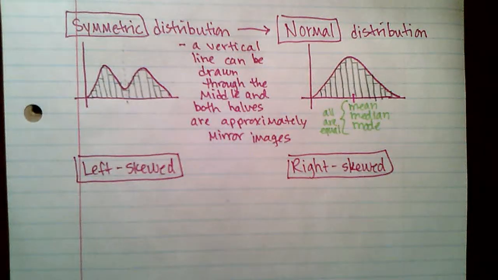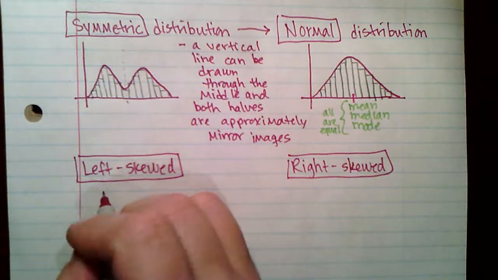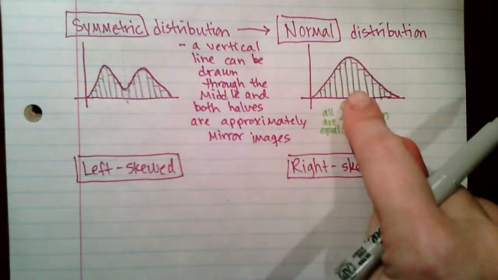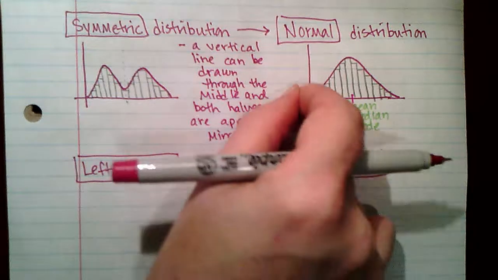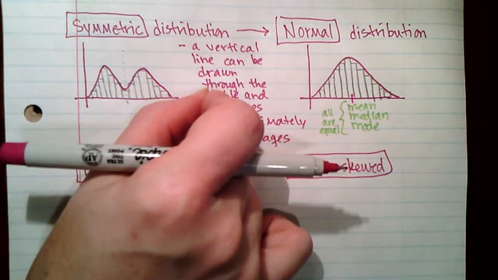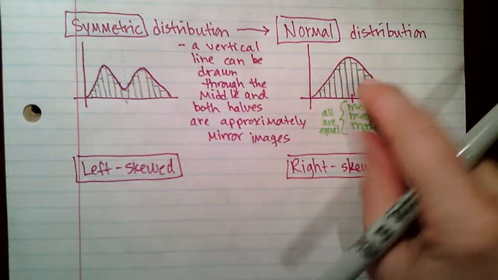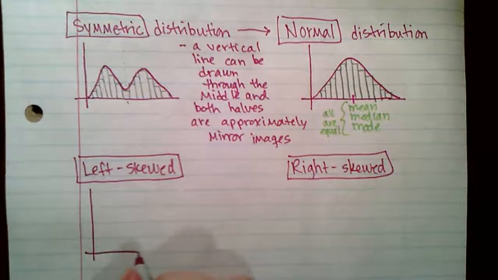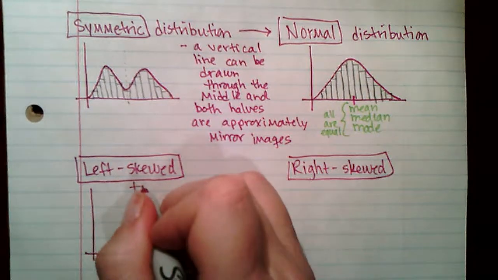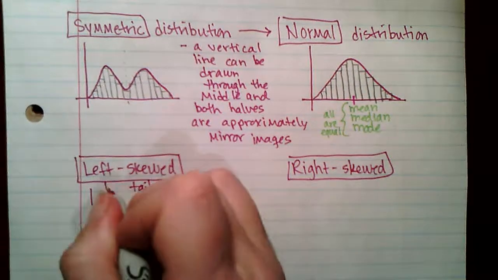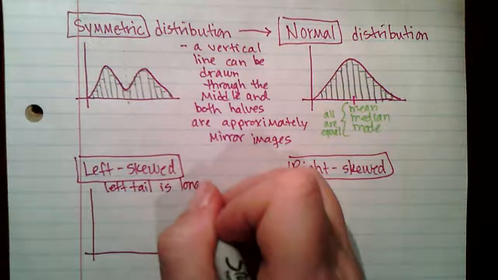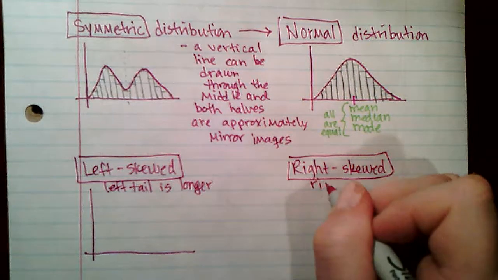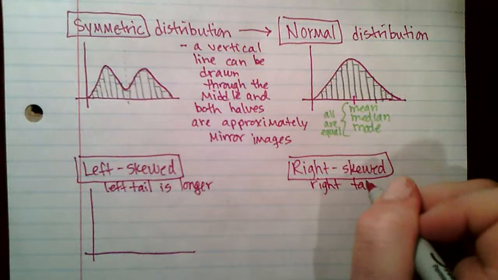And the direction of skewedness is the tail. So on a left skewed, it's like taking the normal distribution and pulling the tail to the left. And on right skewed, it's like pulling the tail to the right. So left tail is longer. On the right skewed, the right tail is longer.